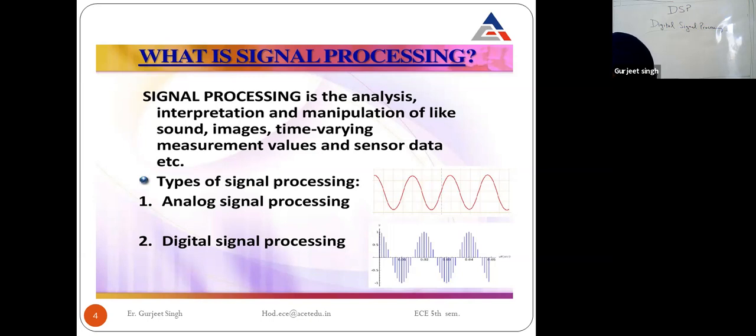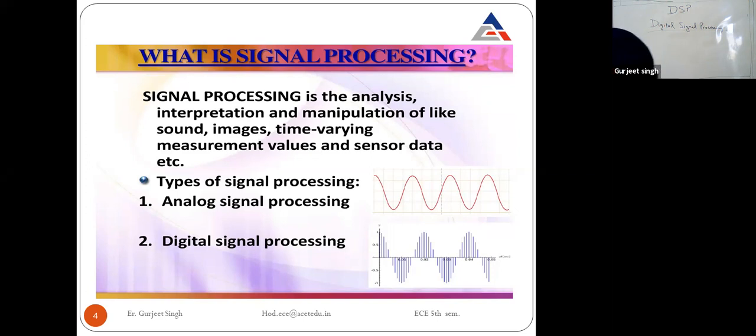So what I will do is reduce the size of that image from kilobytes to bytes. So this is a kind of signal processing. Similarly, if we have any kind of video, we will reduce the size of the video with the help of signal processing. These are examples which come under the category of signal processing.